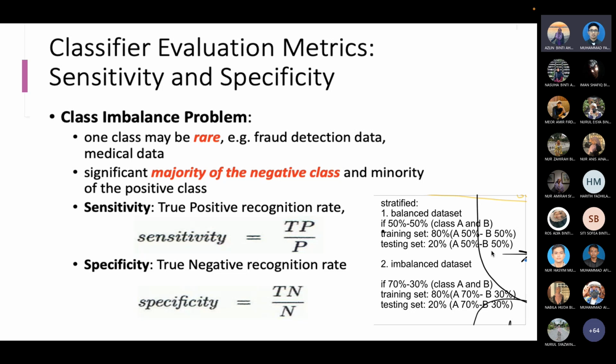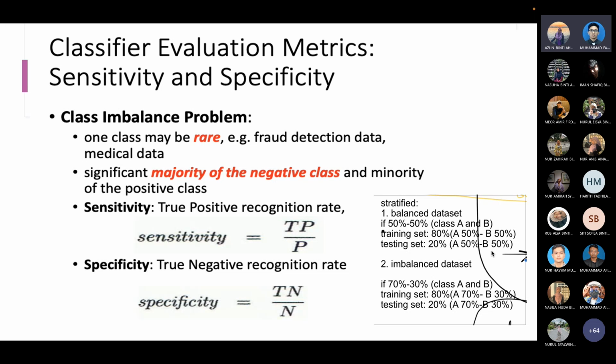You kena tengok betul-betul supaya you dapat results yang betul. Okay, let's say imbalance dia adalah 70-30 ratio. 70 class A, 30 class B. So in training, let's say you buat hold out method, training 80, testing 20.